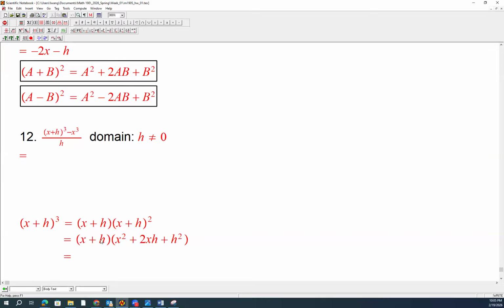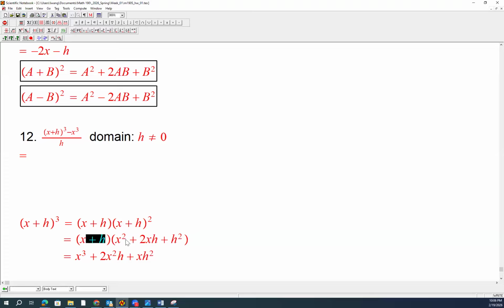And then we FOIL again. So 8 times x squared, x times 2xh, x times h squared. Okay, so we're going to do things in that order. So x raised to the power 3 plus 2x squared h plus xh squared. The next round, we're going to take the h, multiply x squared.